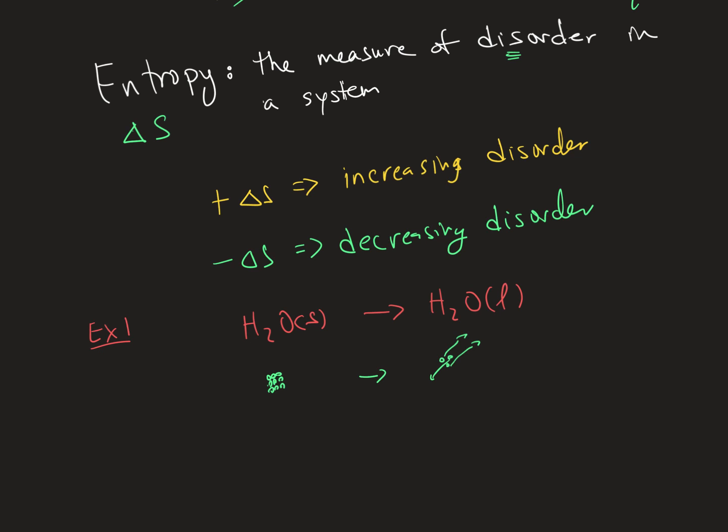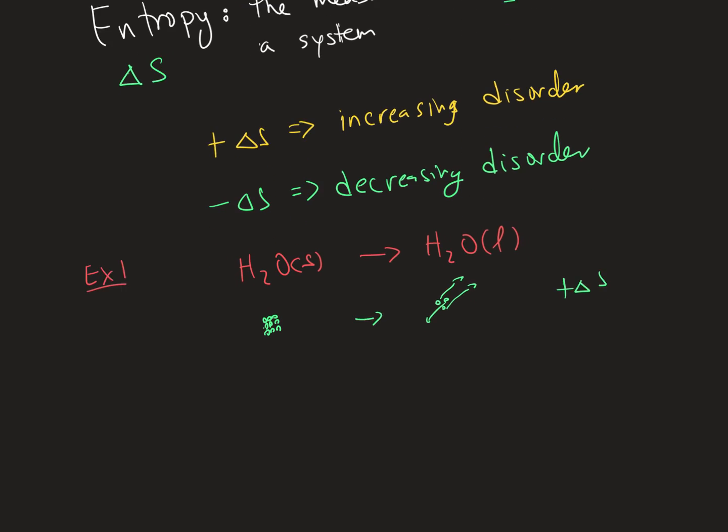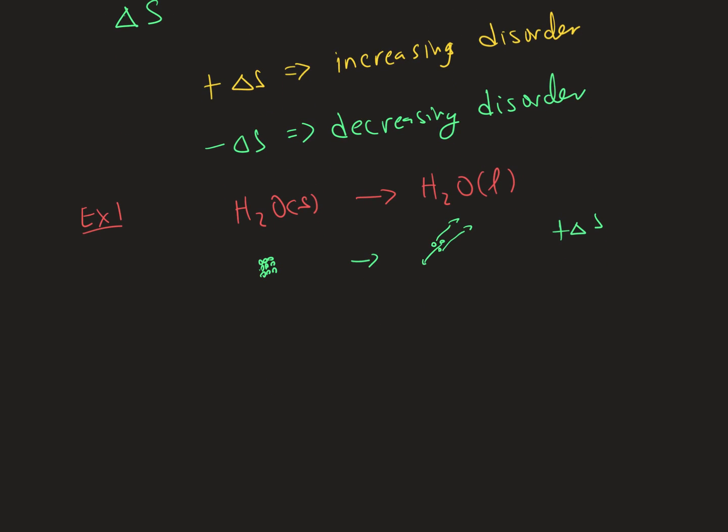So increases in disorder, so this is positive or negative delta S? Positive delta S. We good? And if we flipped it around, it goes from liquid to solid, goes to more order, so decreasing disorder. Good?